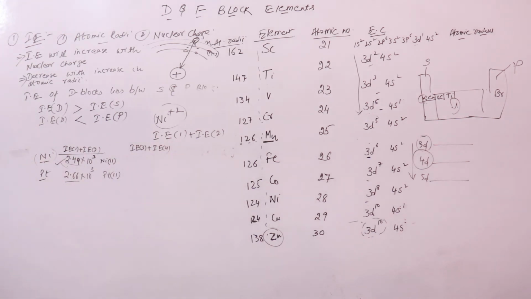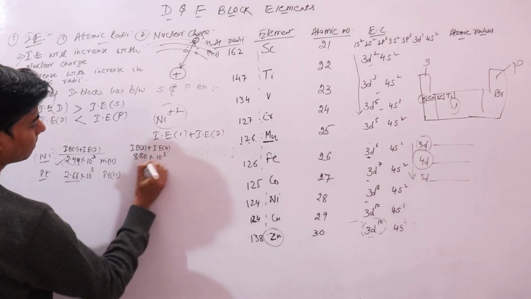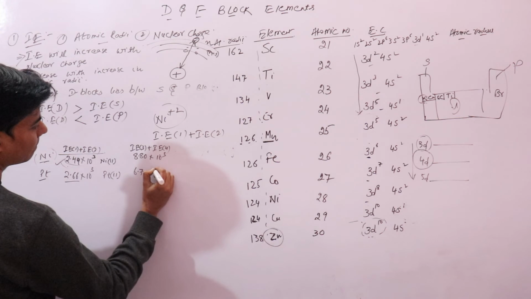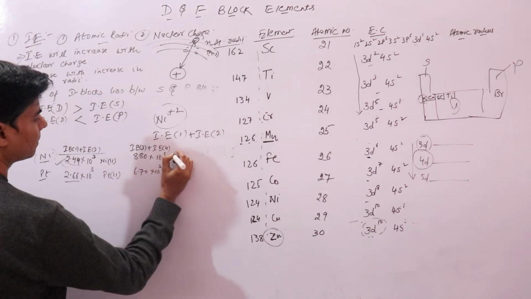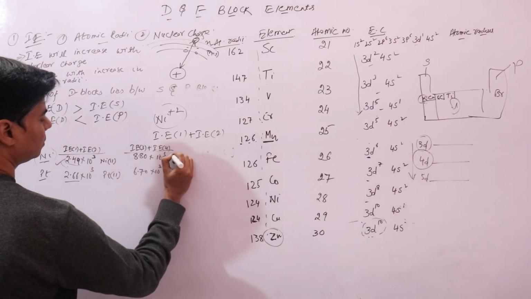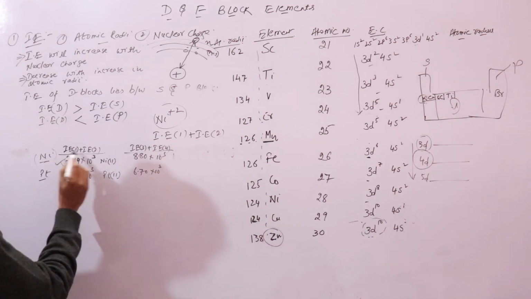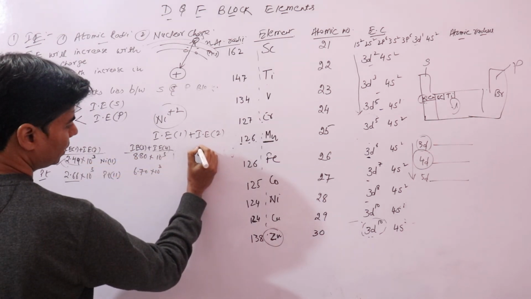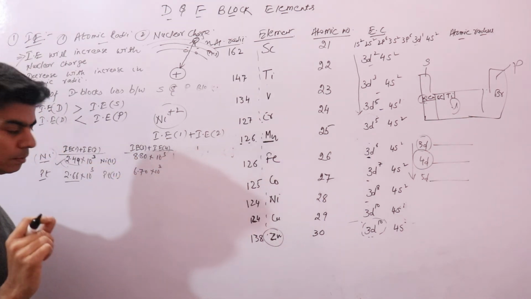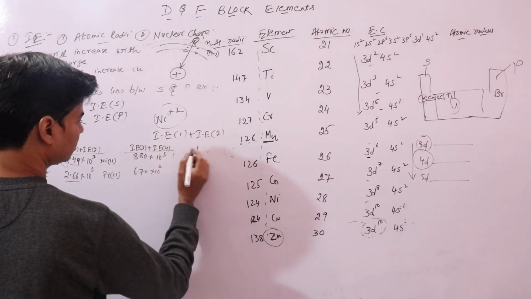So the third and fourth ionization energy would be as shown. Now the total energy, the sum of all these, in order to reach +4 oxidation state, right?